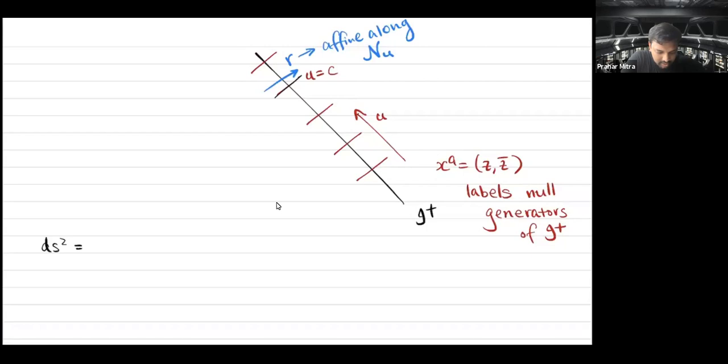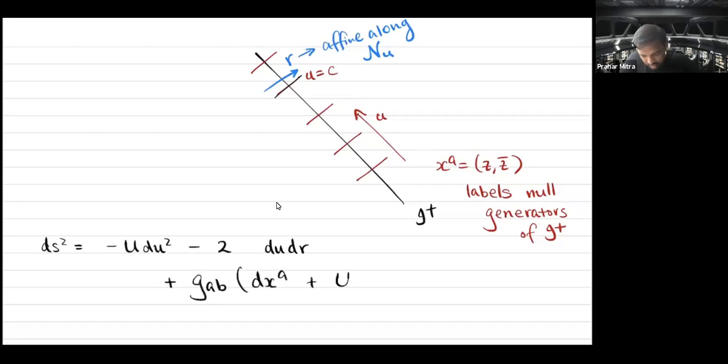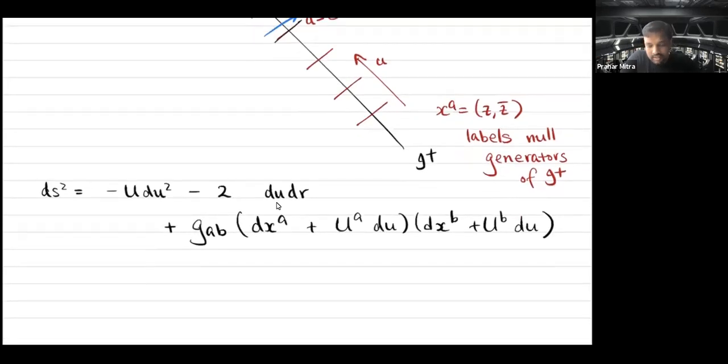It's simply something that looks like minus U squared minus 2 UDR. Okay, so that's the coordinate system.